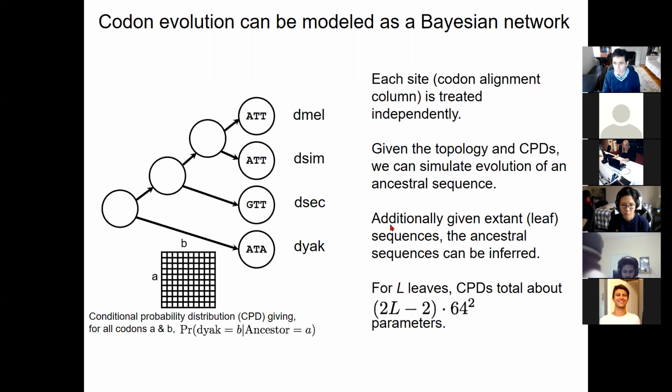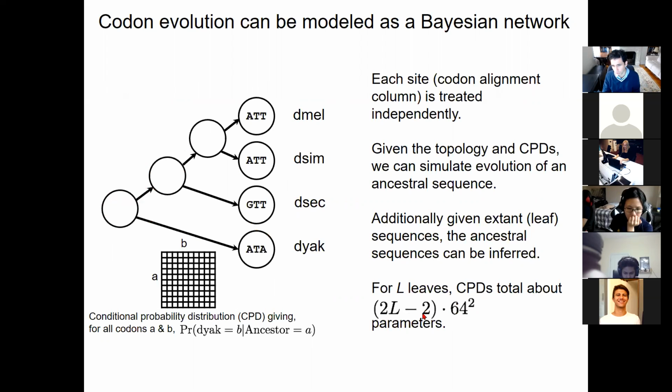And we can, given the leaf sequences, infer the ancestral sequences either through maximum likelihood or through a probability distribution over all ancestral sequences. And for L leaves, these conditional probability distributions have a large number of parameters.